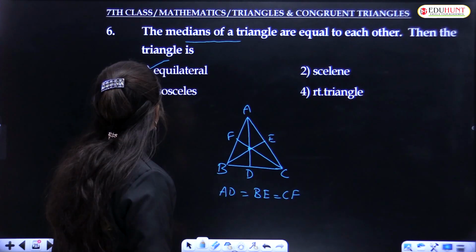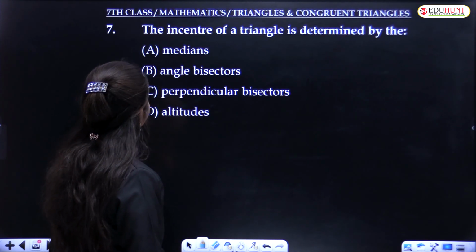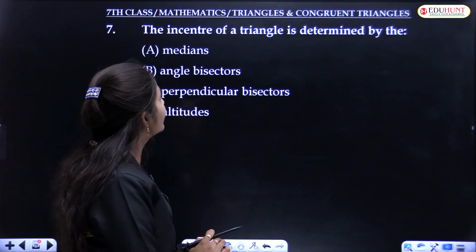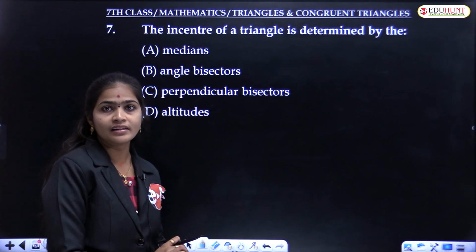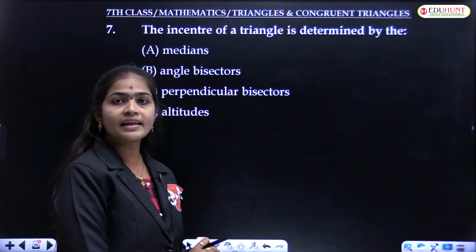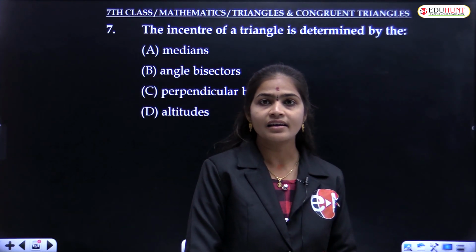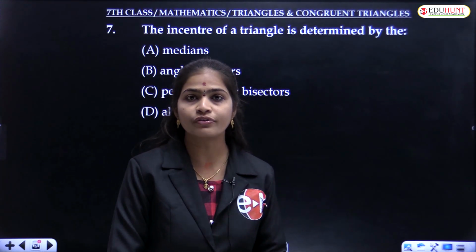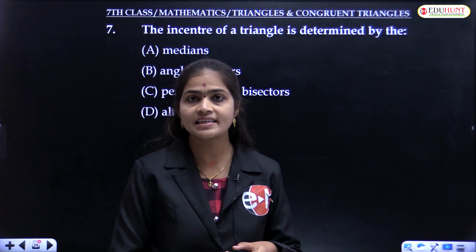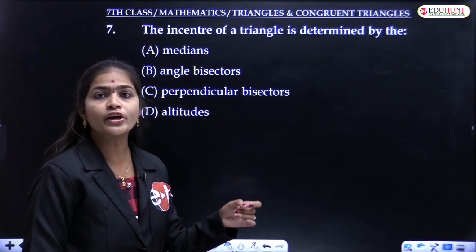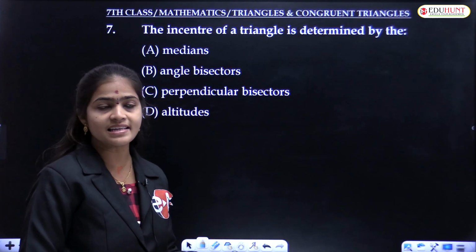Okay, children, let us see the next one. The incenter of a triangle is determined by the. The incenter is the point of concurrence of which lines? Yes, the incenter is the point of concurrence of angular bisectors.